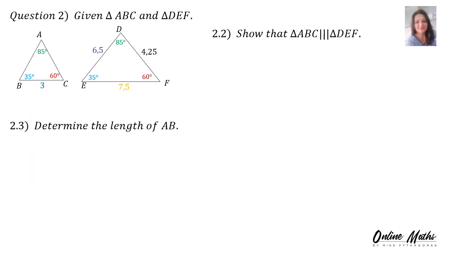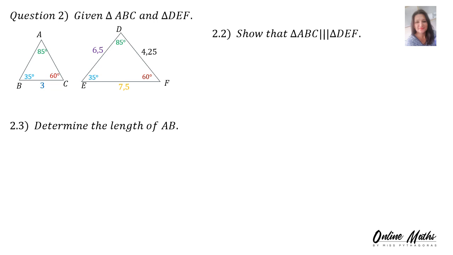Question 2.2. Show that triangle ABC is similar to triangle DEF. Now, from the previous slide, we know that in the little triangle ABC, angle C was 60 degrees. We calculated that. And in the big triangle DEF, angle D was 85 degrees. Now, back to the question. We have to prove the two triangles similar. And to do that, remember, we need to prove that three angles are equal.